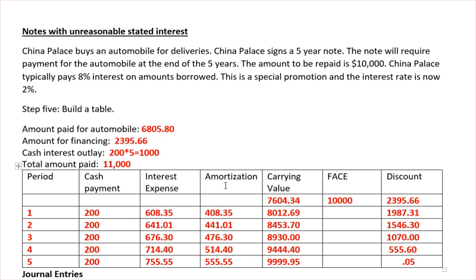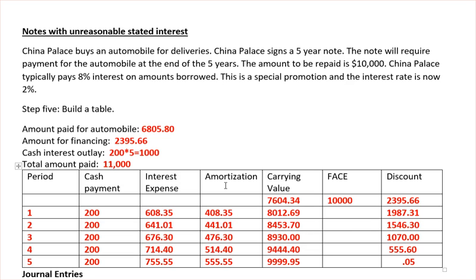The other thing I want to talk about again is that when you get down to the 5th period, you notice that we have 555.60 left in the discount. Well, we need to get rid of all of that within the next year because this is done yearly here.